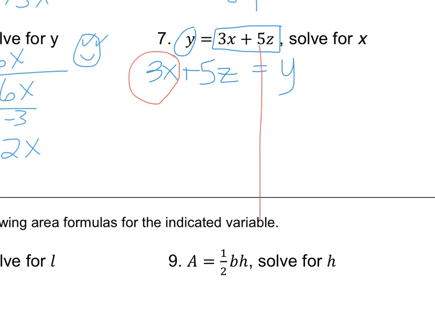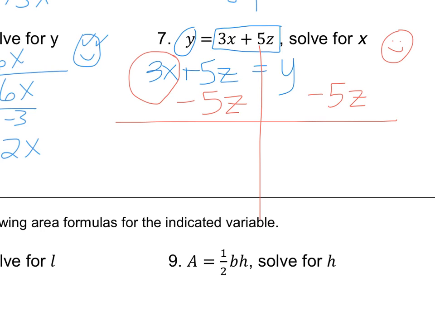So now I'm going to start my smiley face. There's nothing negative in my 3x, so it's a smiley face. Now I'm going to move. So I need to move my 5z. 5z is not a like term to y, so I'm going to put it over to the side. And so now I've got 3x equals y minus 5z. And now I'm going to divide.